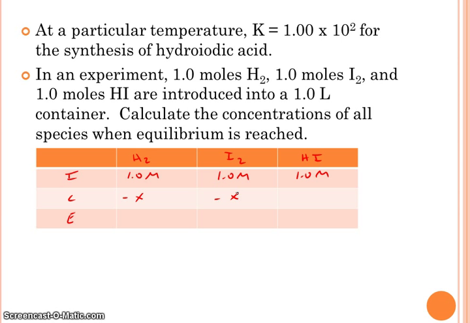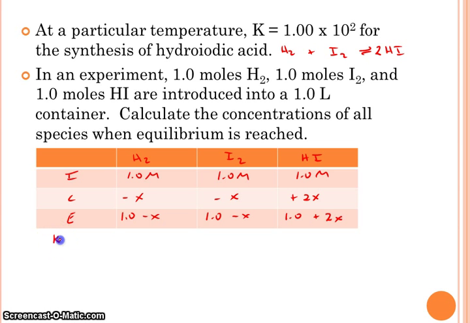And since when we look at the balanced equation, hydrogen plus iodine gives us hydroiodic acid, and it's a 1:2 ratio to hydroiodic acid, we're going to be producing 2X of hydroiodic acid. So at equilibrium, we're going to have 1.0 minus X, 1.0 minus X, and 1.0 plus 2X. So it's going to be a little bit more complicated a problem.